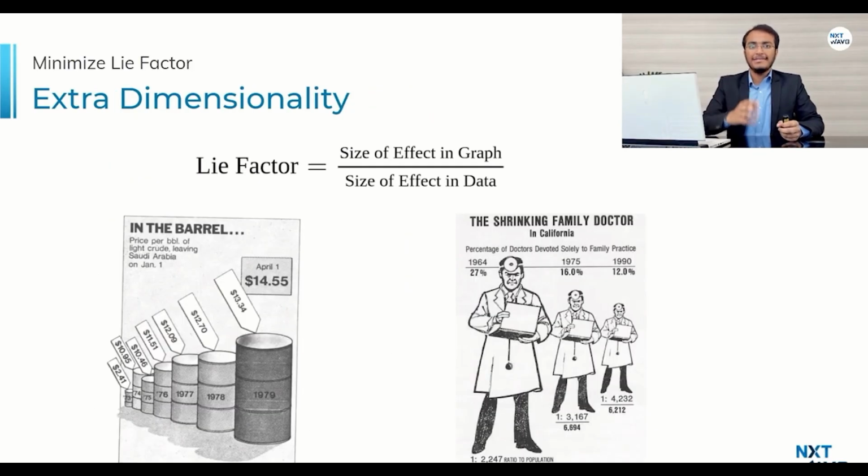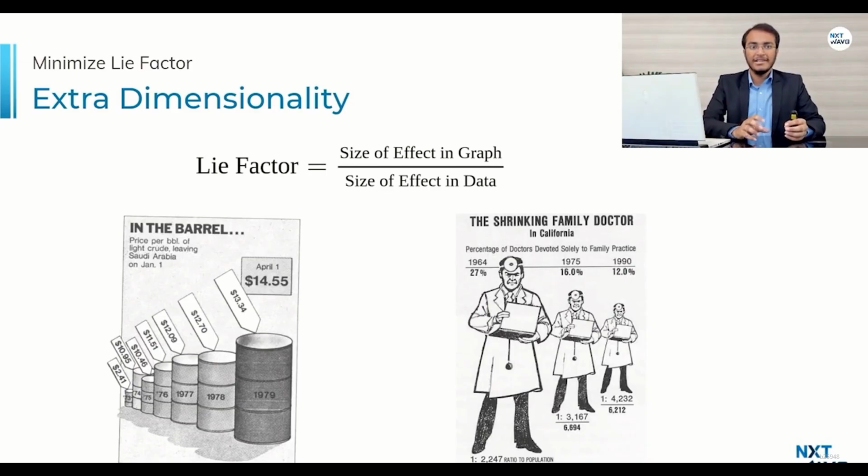And another example is a case where we add more dimensions when it is not actually needed. So in order to represent the increase in the price of petrol, we can simply use the simple bar charts that we just looked at in some of the examples. But rather what they try to do is create this fancy 3D visualization.